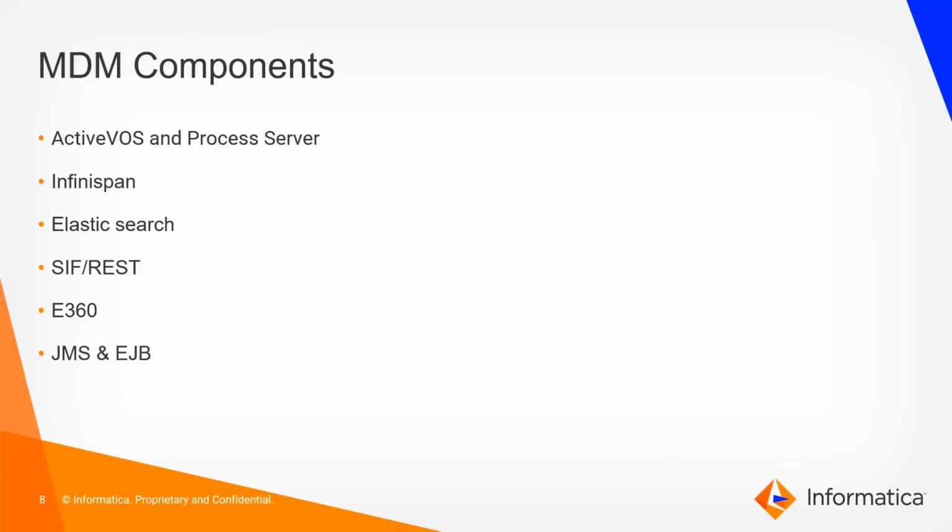So now we are going to discuss the below MDM components, how each is configured and how it supports high availability for the complete MDM solution. For example, the first is Activos and the process server. Hub server uses Activos for the approval workflows, right?